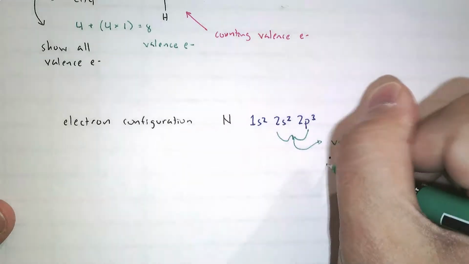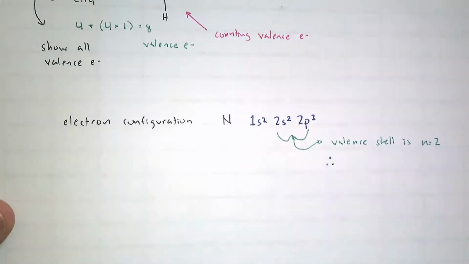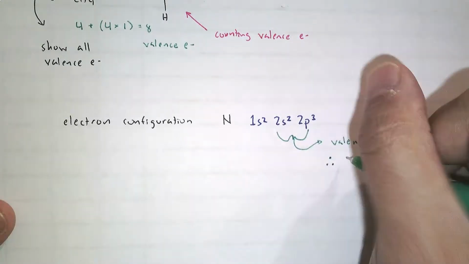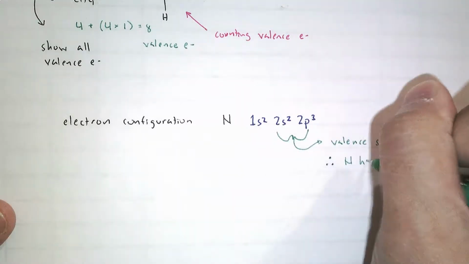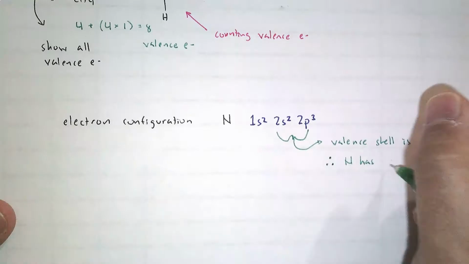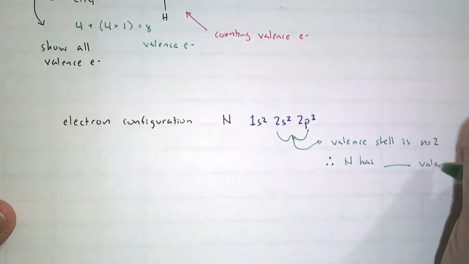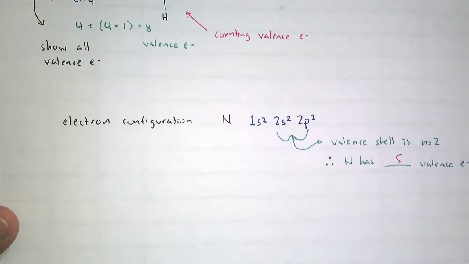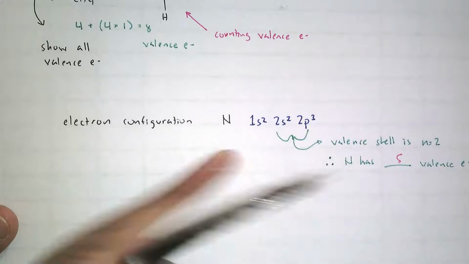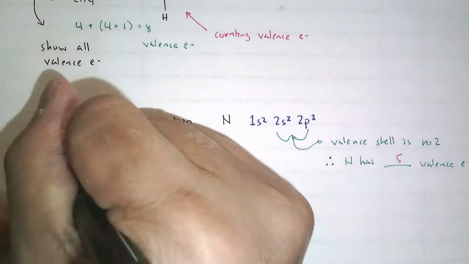Therefore, the symbol for nitrogen is these 3 dots in a triangle. Therefore, nitrogen has 5 valence electrons. And we have the electron configuration. What if we have the Lewis dot symbol?